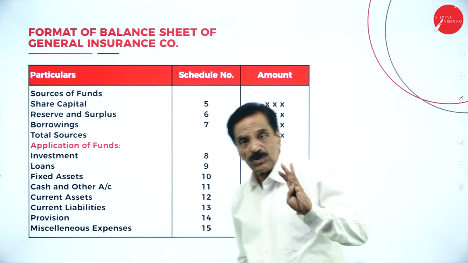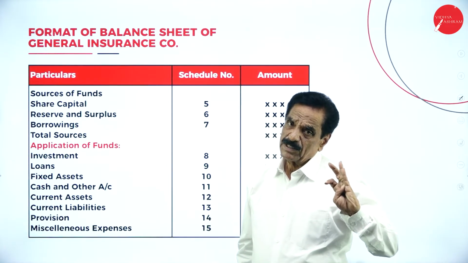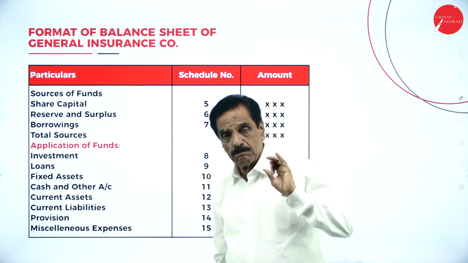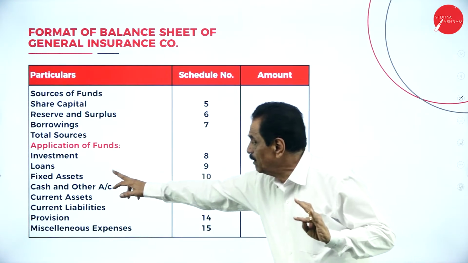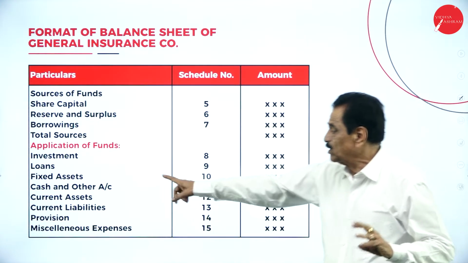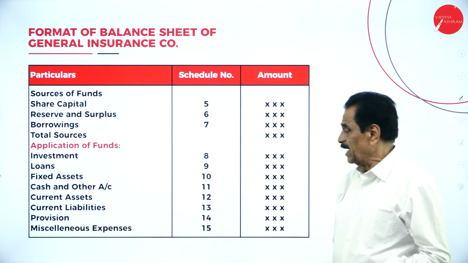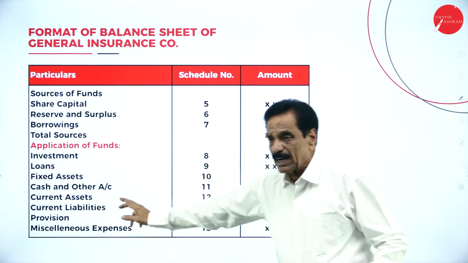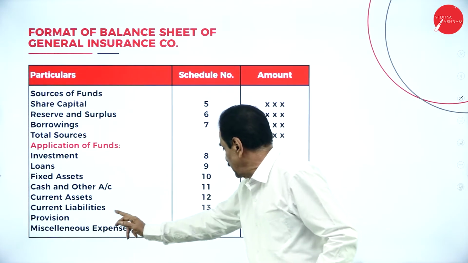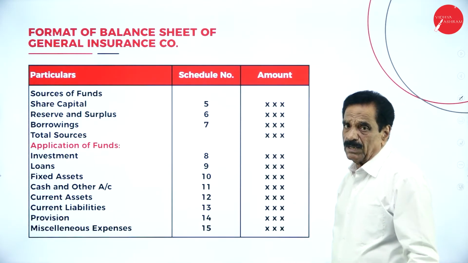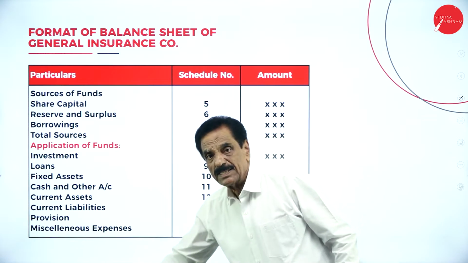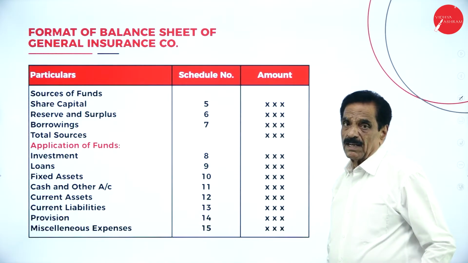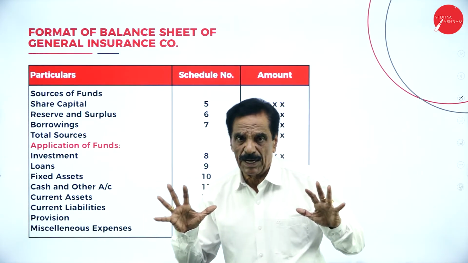So 5 share capital, 6 reserve and surplus, 7 borrowing, 8 investment, 9 loan, 10 fixed assets, 11 cash and other accounts, 12 current asset, 13 current liability, 14 provision, 15 miscellaneous expenses. You have to learn this properly.